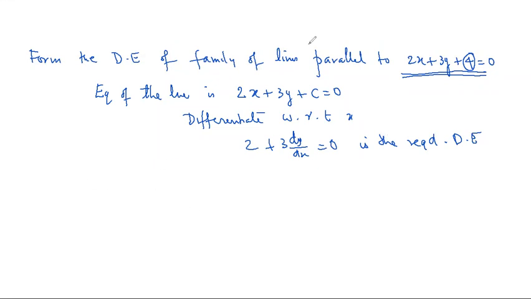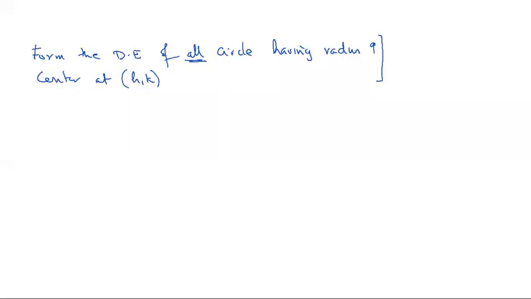Yes, sir. Now we'll do one difficult one. What will be the equation of the circle with radius 9, center at h comma k? x minus h the whole square plus y minus k the whole square equal to 9. So if you don't know coordinate geometry a bit, you cannot do these problems.